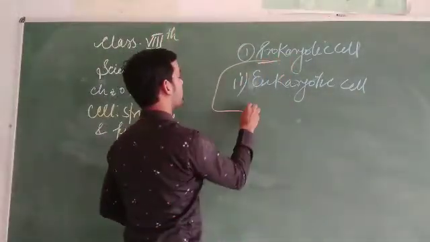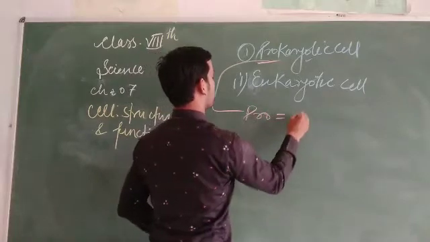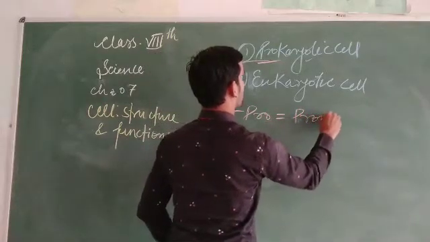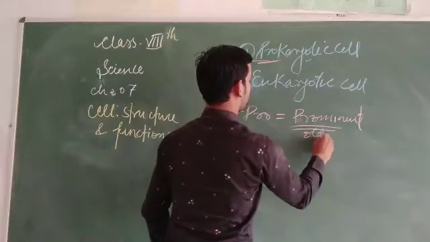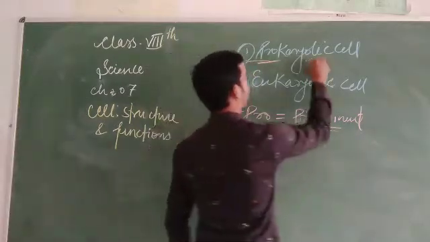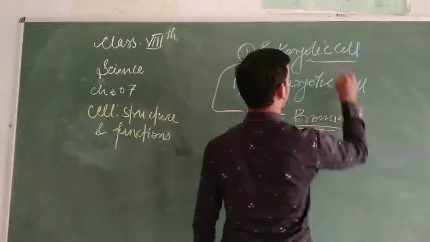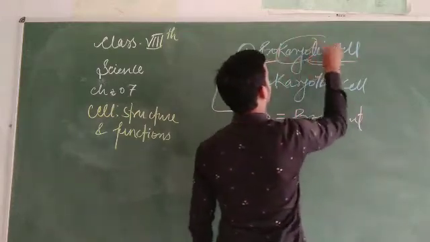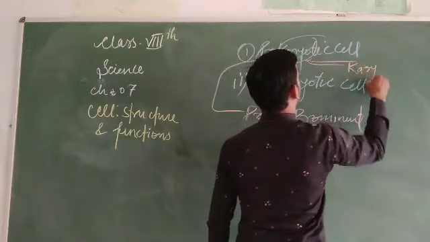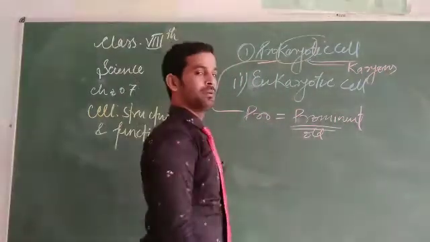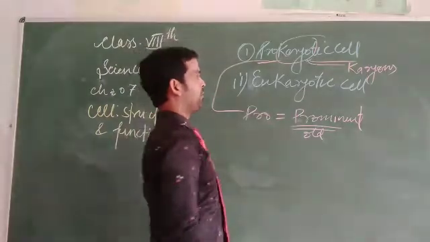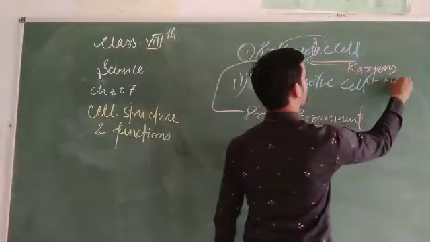Pro means prominent, that is, older. And karyotic comes from karyon, the Greek word meaning nucleus.